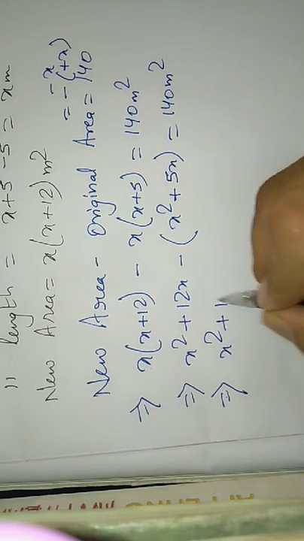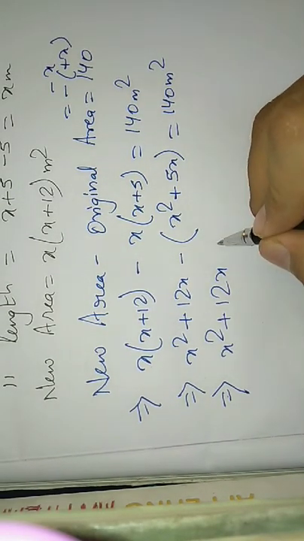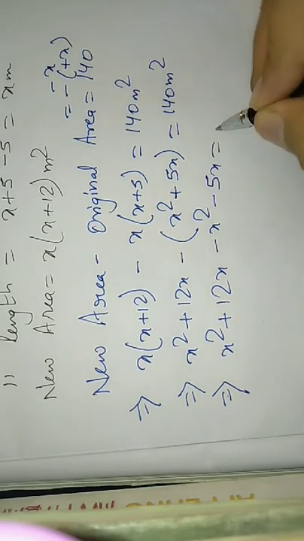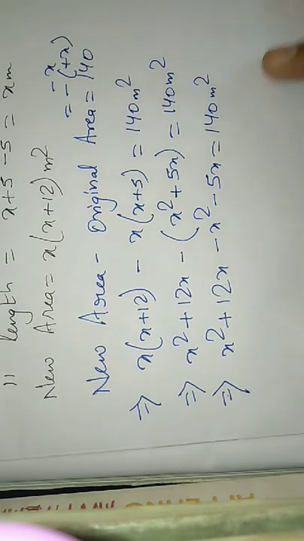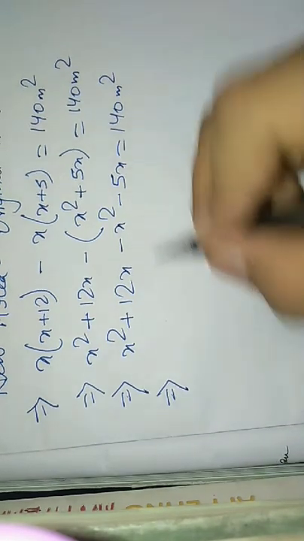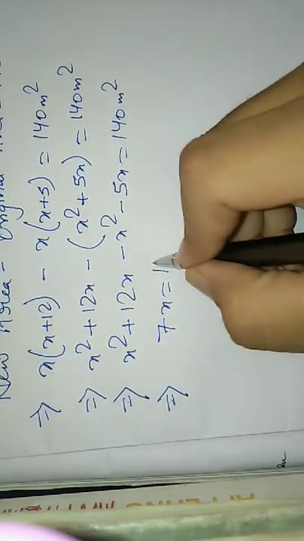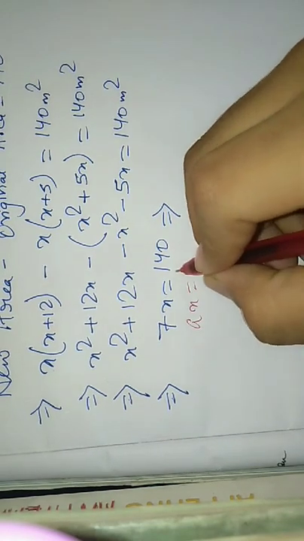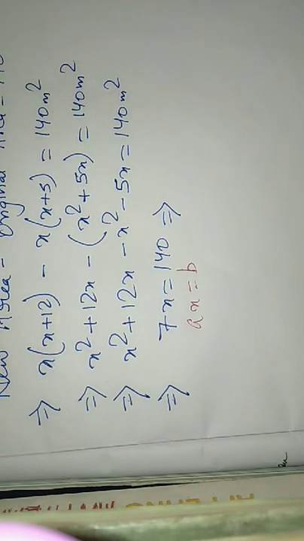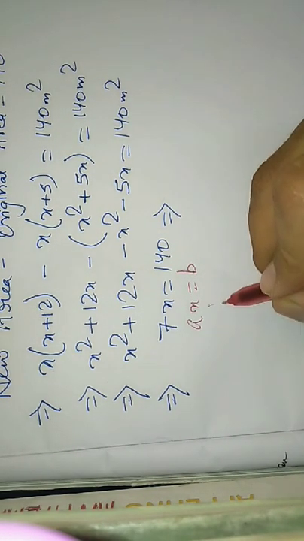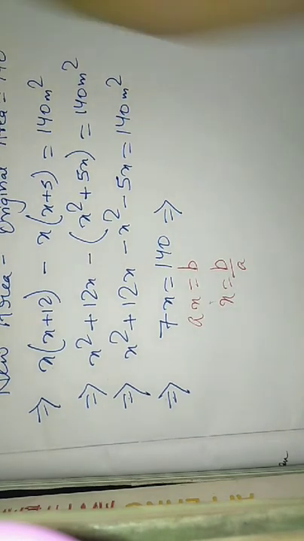x square plus 12x minus, and this is plus minus, so minus x square minus 5x is equal to 140 meter square. x square is gone. 12x minus 5x is 7x is equal to 140, which is of the form ax is equal to b, correct? So x is equal to b by a.